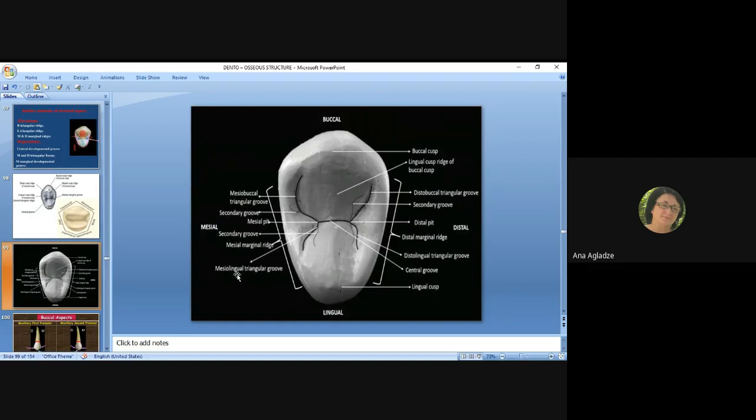This is mesiolingual triangular groove here. This is distal pit, this is mesial pit, and this is distolingual triangular groove.